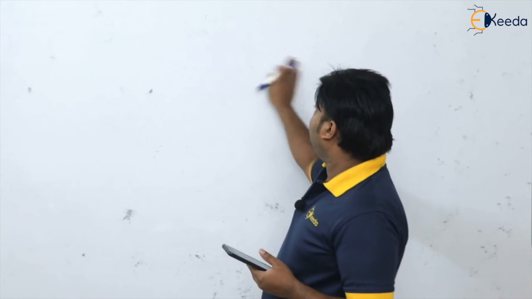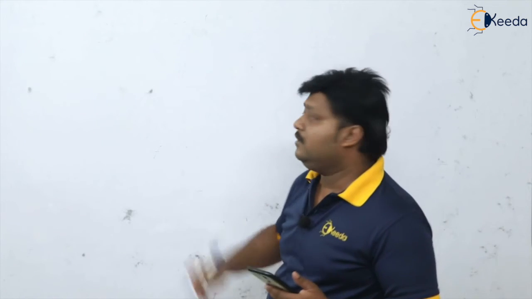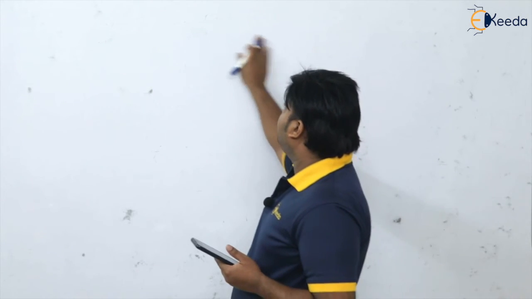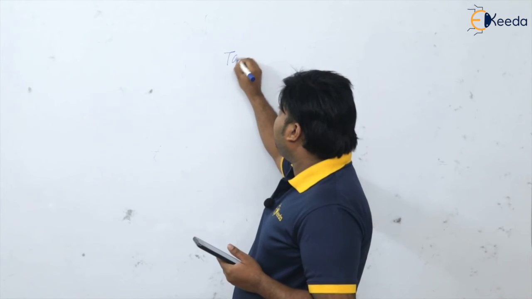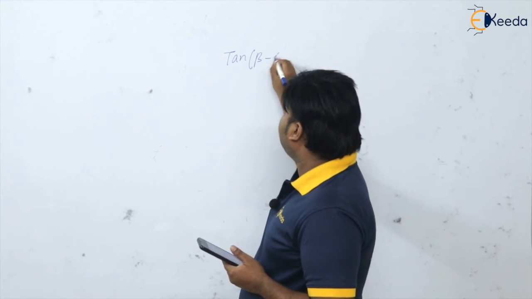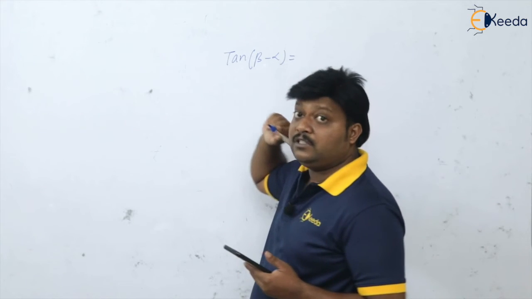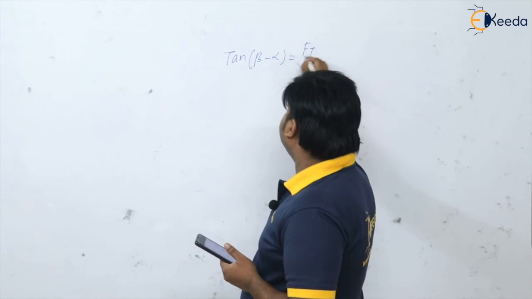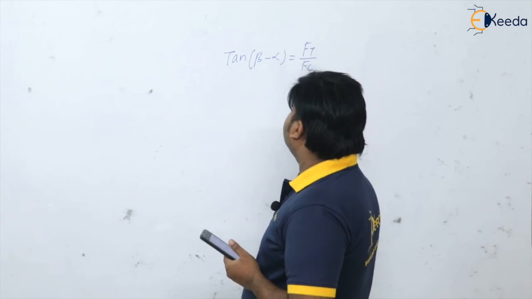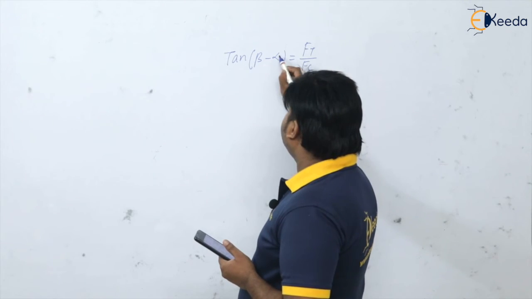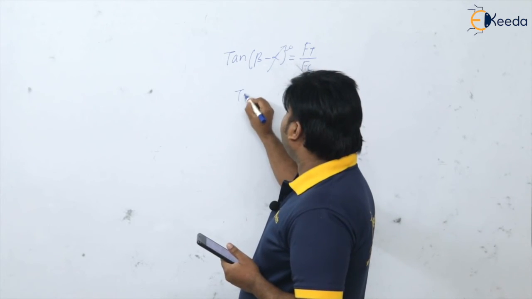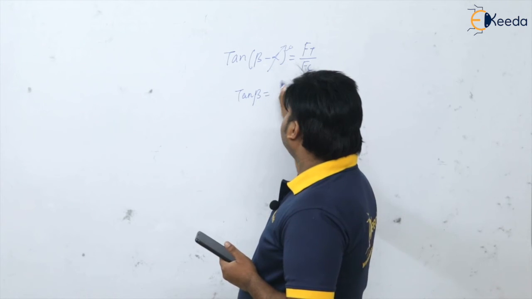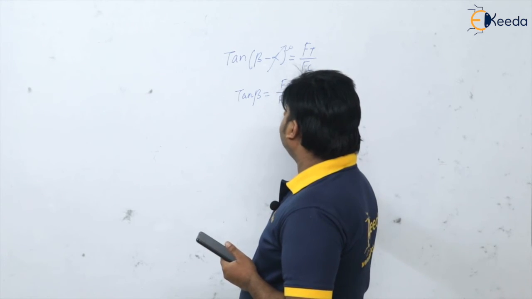So this is based on the simple Merchant circle diagram. We know that tan of beta minus alpha is what we got from this Merchant force circle diagram. This is Ft divided by Fc, isn't it? And when alpha is equal to 0, tan beta is Ft divided by Fc.